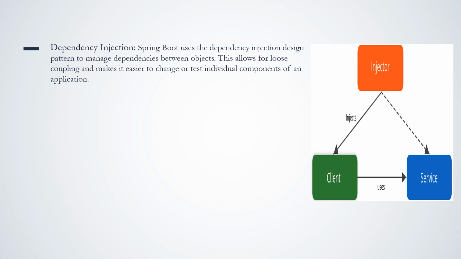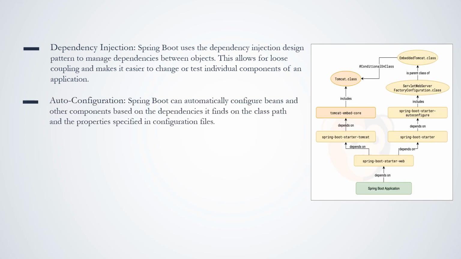The second most popular feature is auto configuration. Spring Boot can automatically configure beans and other components based on the dependencies it finds on the class path and also based on the properties specified in the configuration files. This is a cool feature of Spring Boot.